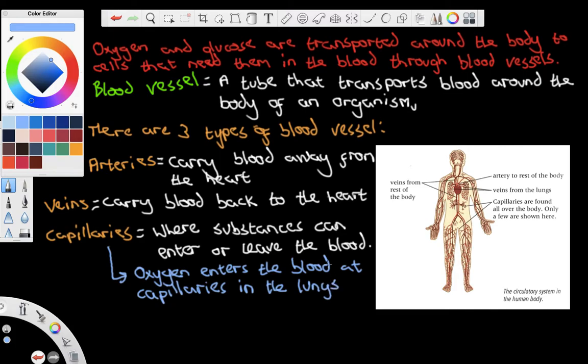At the same time, we can say that glucose enters the blood at capillaries in the small intestine.